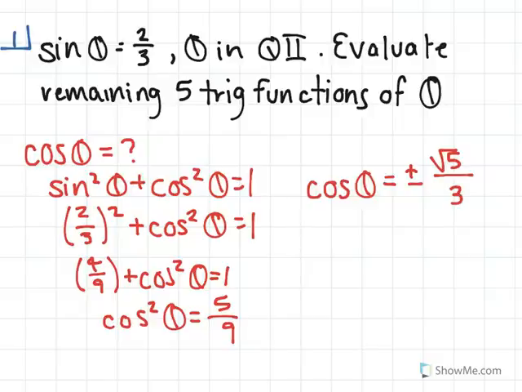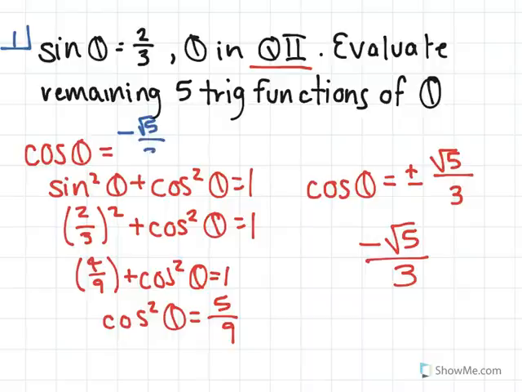However, since we know that we're in quadrant 2, we can say this is going to be negative root 5 over 3. So cosine of theta is equal to negative root 5 over 3.